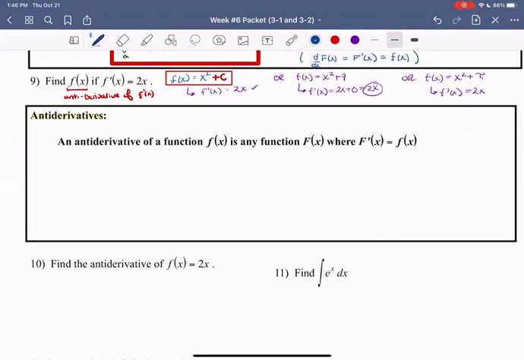And typically, if we're being asked to talk about the antiderivative, then we do write the function using that plus c. So just to recap some of what I just said here. So we look at a family of functions.